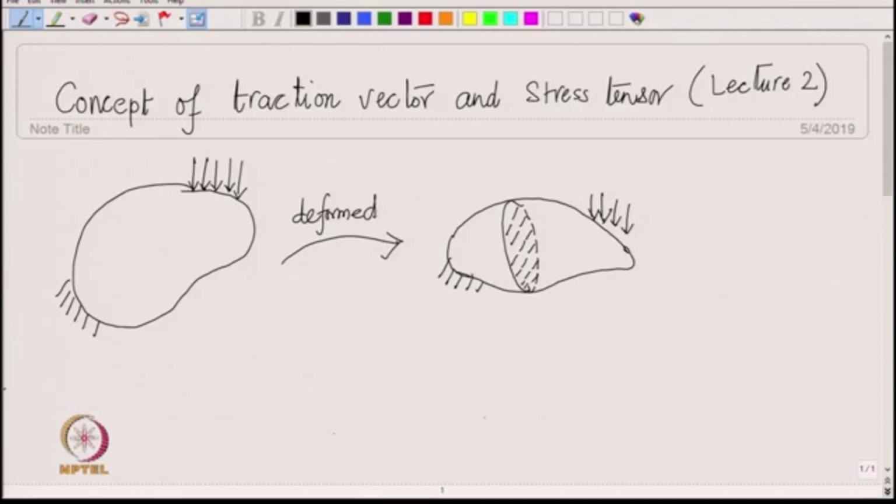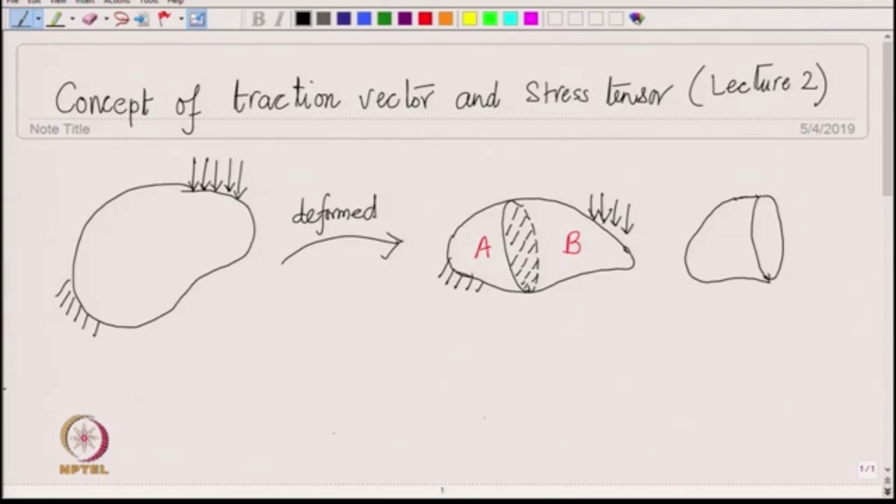This section divides the body into two parts, part A and part B. Let us focus on part A. If I just draw part A, again it is difficult to draw it accurately, but suppose this is part A and here is that section.